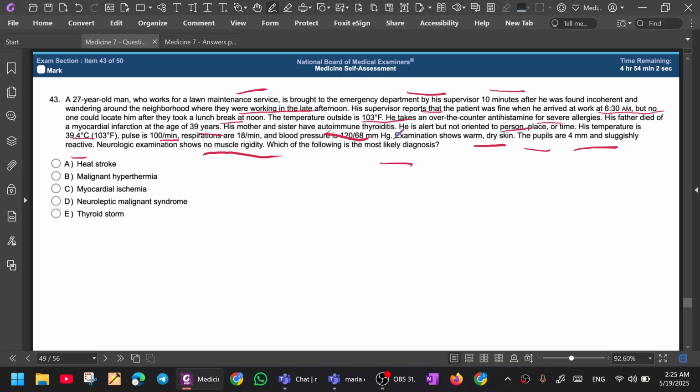Warm, dry skin, pupils 4 millimeters, sluggishly reactive. His mother and sister have thyroiditis. Is it thyroid storm or heat stroke? I pick heat stroke, but I'm not sure.